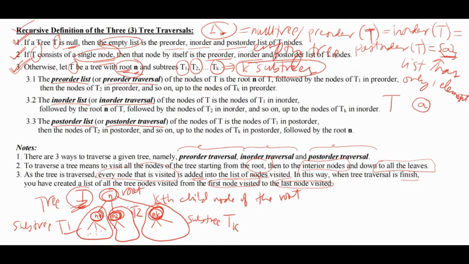Now we have here in 3.1, it describes how to get the pre-order list of the nodes of the tree, and 3.2 describes how to get the in-order list of the nodes of the tree when we do in-order traversal, and 3.3 describes to us how we are going to obtain the post-order list of all the nodes of the tree T when we do post-order traversal of the tree T.